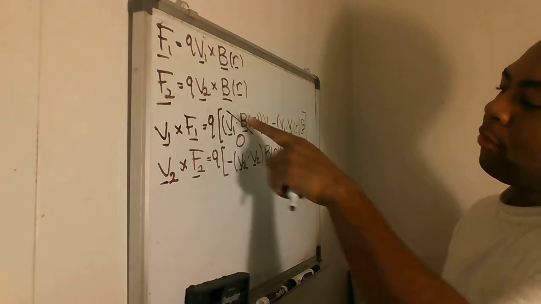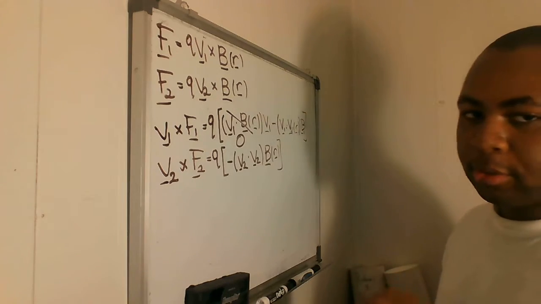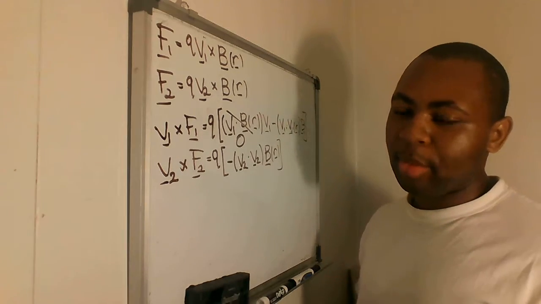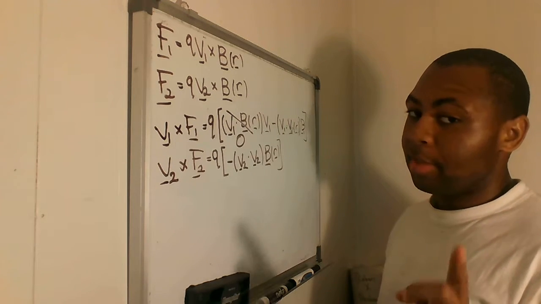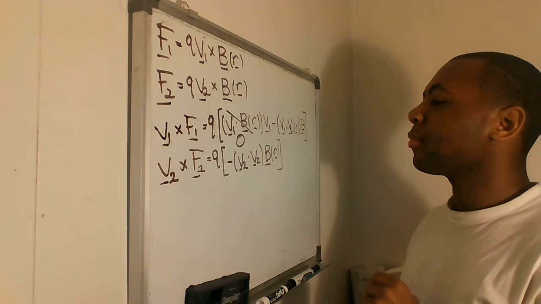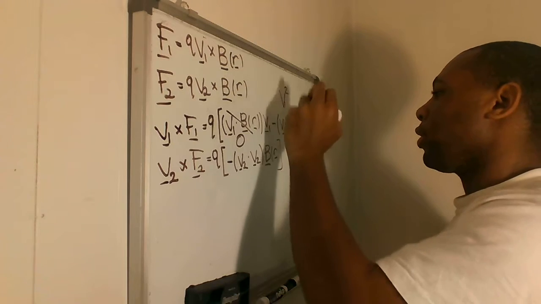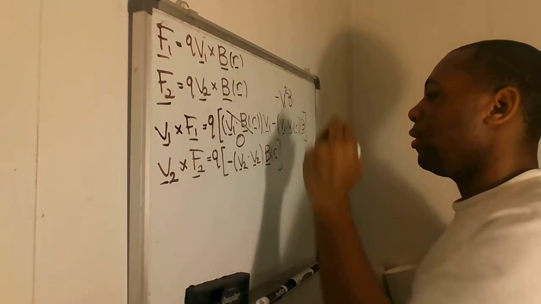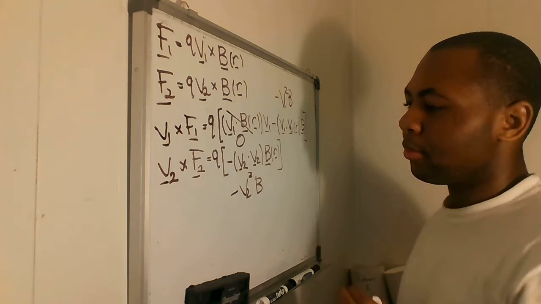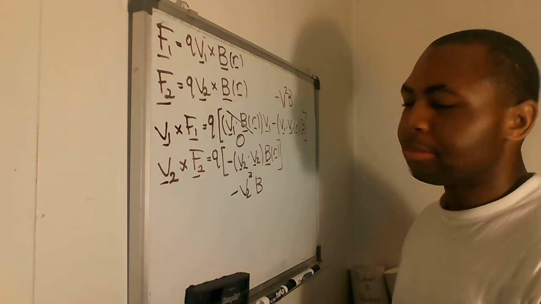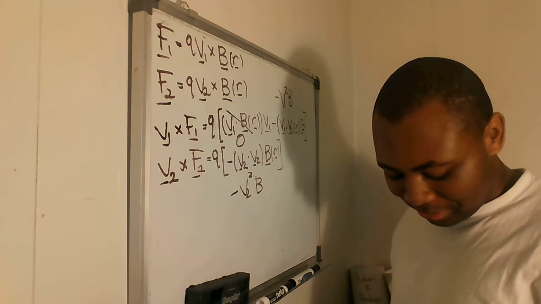So v1 has to be perpendicular to B, v2 also has to be perpendicular to B, but v1 and v2 do not have to be perpendicular to each other. I'm going to think about that one. So we get minus v1 squared times B, and then minus v2 squared times B. Okay, well, what do we do next?